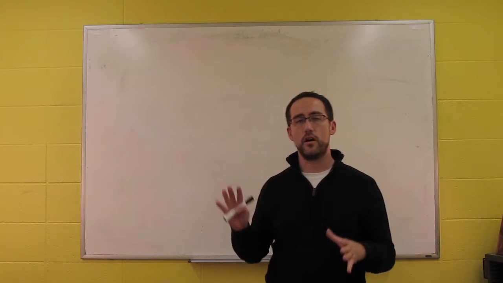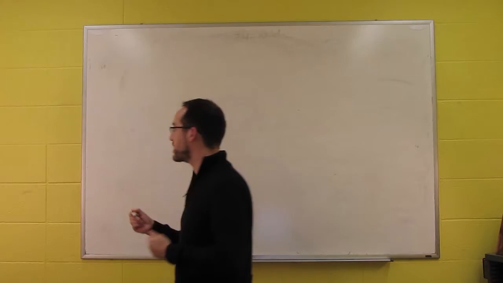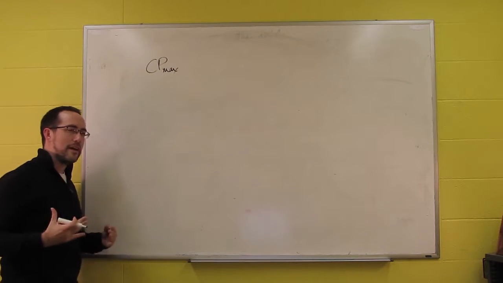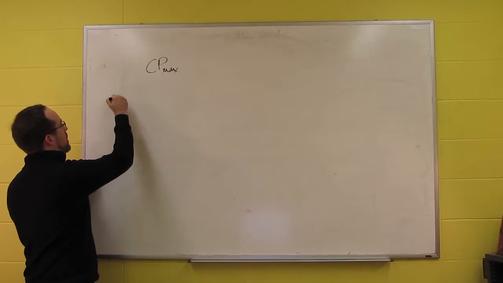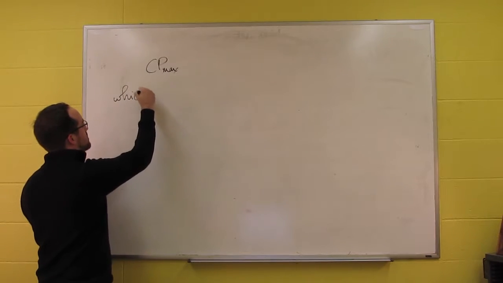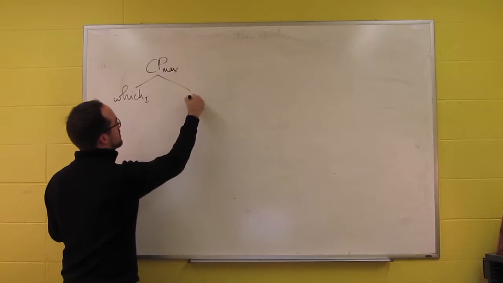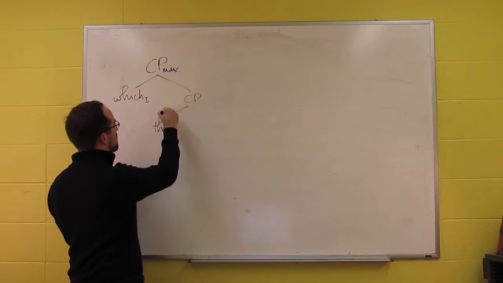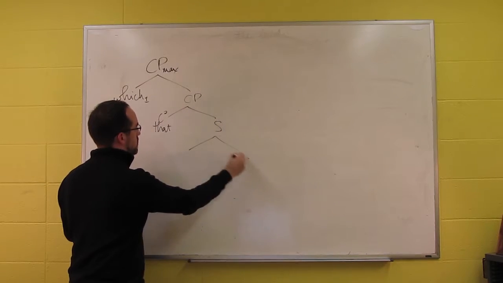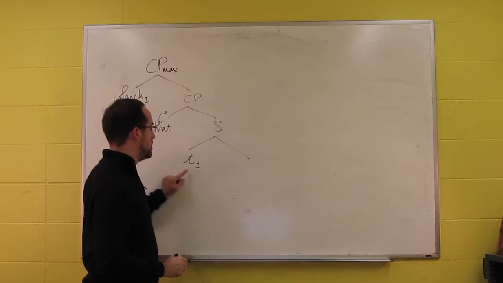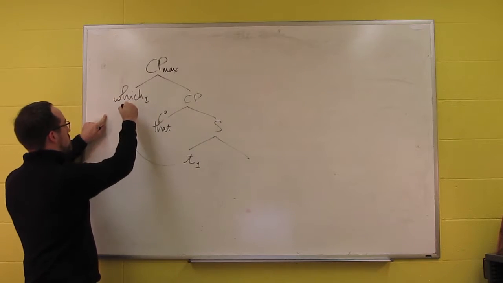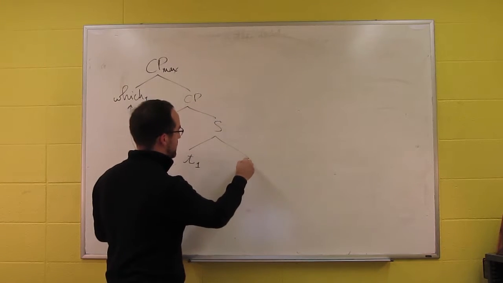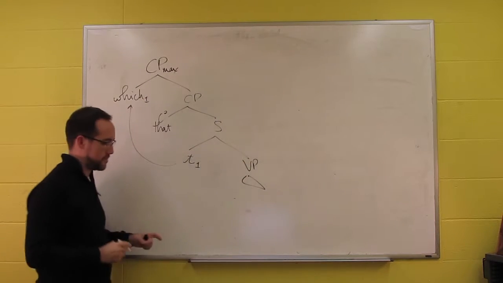Now this is just focusing on the CP. And if you look at the maximal CP projection, which we've listed as CP max, that's going to be a relative pronoun which has an index, and then a complementizer, that, and then the sentence, which will have a trace that is linked to the relative pronoun and created by movement, and then the VP, which was delicious.